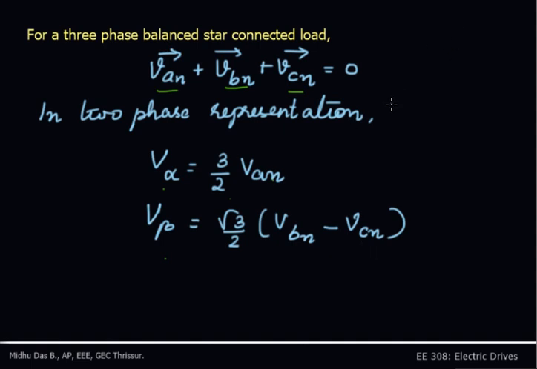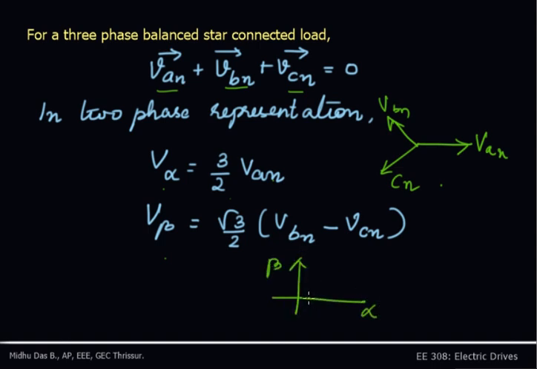Okay, so the space vector concept is transforming the three-phase voltages VAN, VBN and VCN into the alpha beta domain or two-phase domain, and we have V alpha and V beta here.